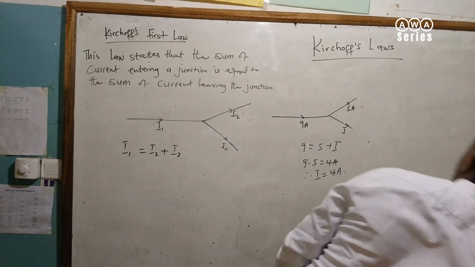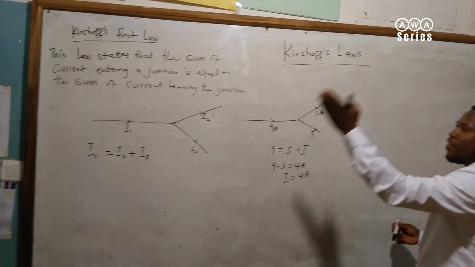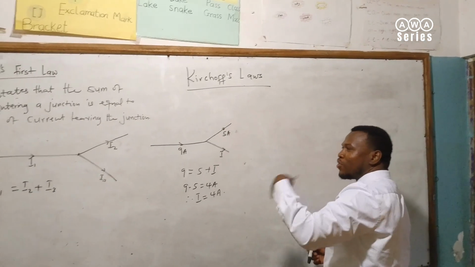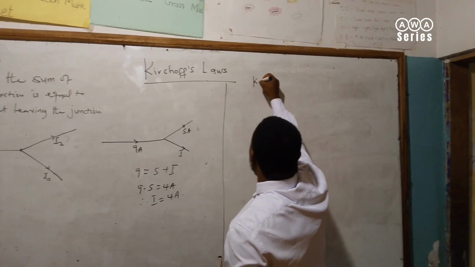Now, we are going to look at Kirchhoff's second law. All right. Let me just leave this here, instead of cleaning it, for those of you who would like to revisit it as we move on. So, Kirchhoff's second law.